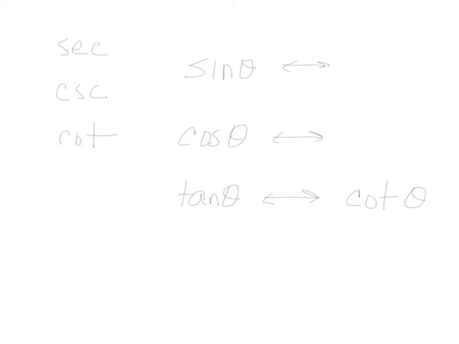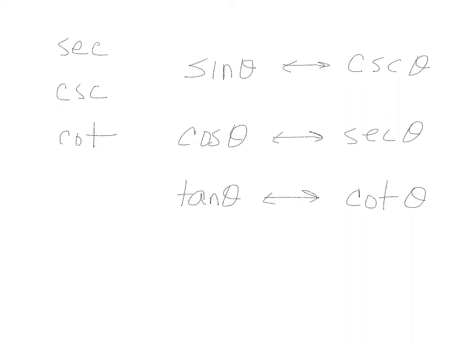So that wouldn't work. So the way that this has to pair up, sine would have to pair up with cosecant. Cosine has to pair up with secant. And that's the way that we're going to have what our reciprocal functions will be.